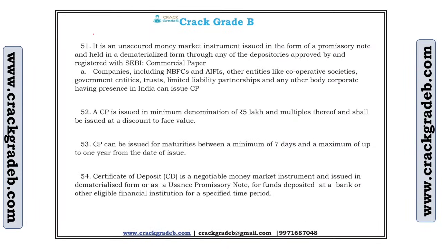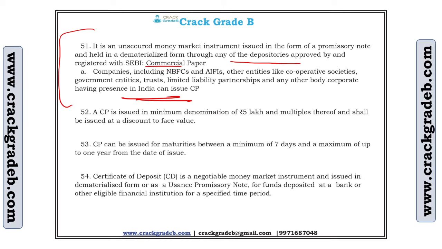Now, it is an unsecured money market instrument issued in the form of a promissory note and held in dematerialized form through any of the depositories approved by and registered with SEBI. Okay, that is commercial paper. Companies including NBFCs, All India Financial Institutions, and other entities like cooperative societies, government entities, trusts, limited liability partnerships, and any other corporate body having presence in India can issue commercial papers.